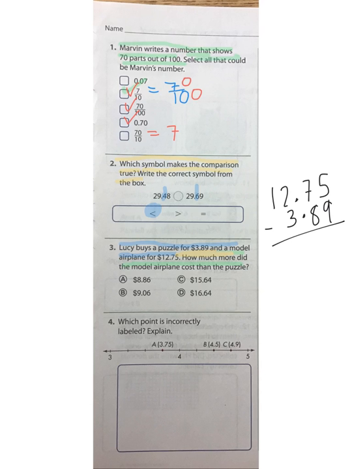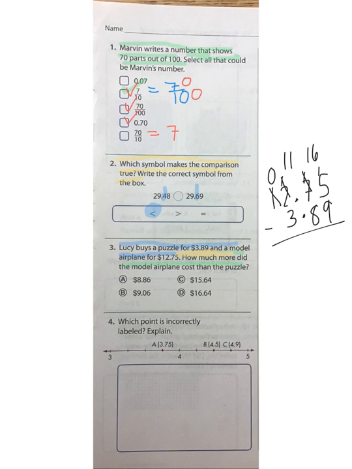I can't take 9 from 5, I can't take 8 from 7, I can't take 3 from 2, so I'm going to cross off my 1, make it a 0, and make the 2 a 12. Now I can borrow from the 12 and make it an 11 and make the 7 a 17. Now I can borrow from the 17 and make it a 16 and make the 5 a 15.